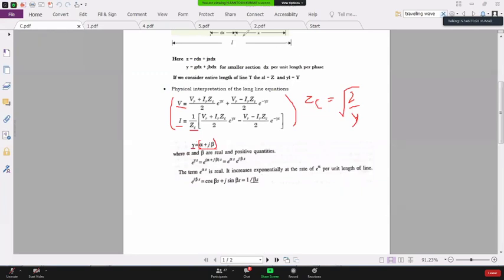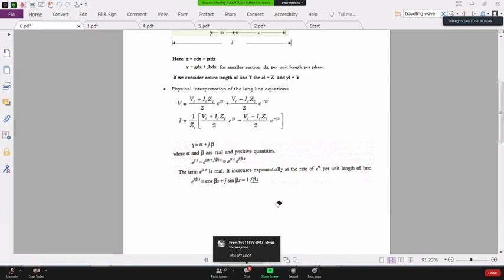Now, as this equation has the exponential term e power gamma, everyone please focus on the pointer. Don't look at the complete slide, you'll get confused. Where I am pointing, just focus on that.